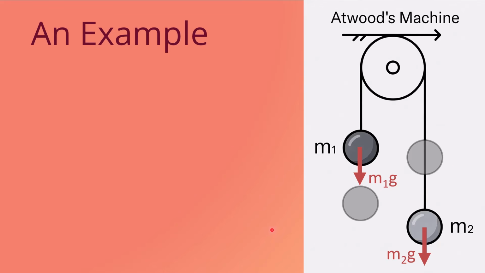Now I add the inertia forces, which are always in the opposite direction of the movement. So for the first mass, the inertia force is upward, and for the second mass, the inertia force is downward. Again, I repeat, it is always in the opposite direction of the movement.